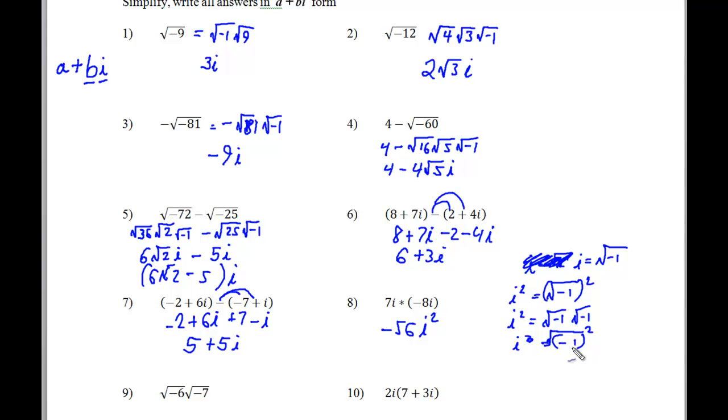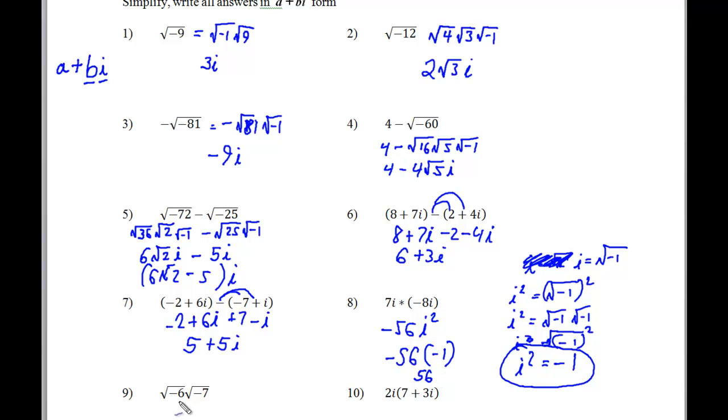The square root of any number squared is going to be itself. So if you have i squared, -56 times -1, i squared is -1. There you go. i squared is -1, so our answer here is 56.